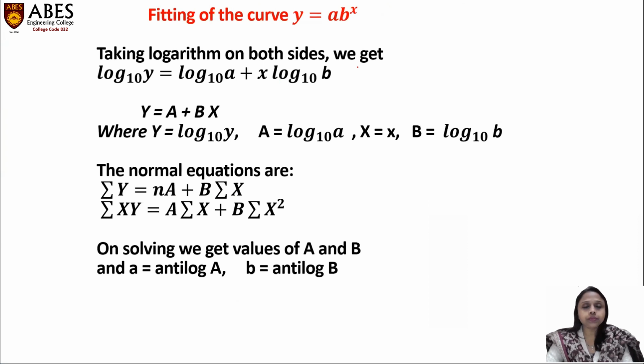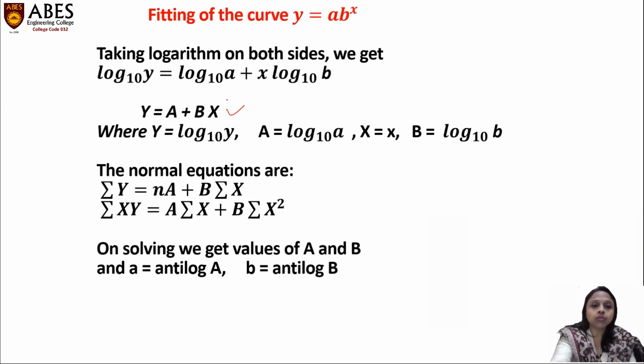Likewise, we have another curve, that is y equal to a b to the power x. Similarly, we will take log on both sides for this curve also, that is, log y equals log a plus x log b, so that it is converted into the equation of a straight line, Y equal to A plus BX, where capital Y is treated as log y, capital A is log a, capital X remains as it is, and capital B takes the value log b.